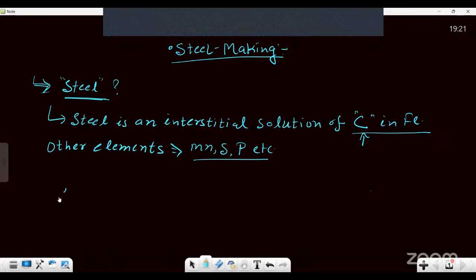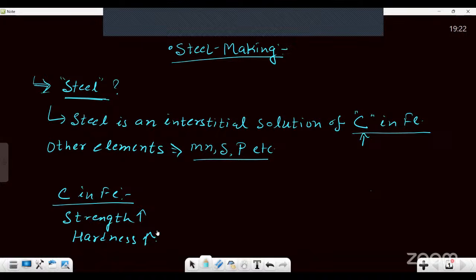By addition of carbon in iron, the strength increases, and along with the strength, the hardness also increases. So both the strength and the hardness increase.